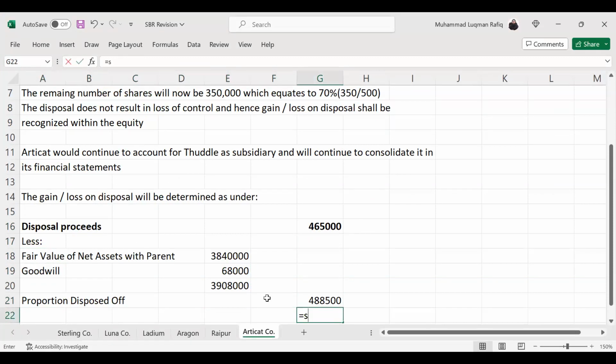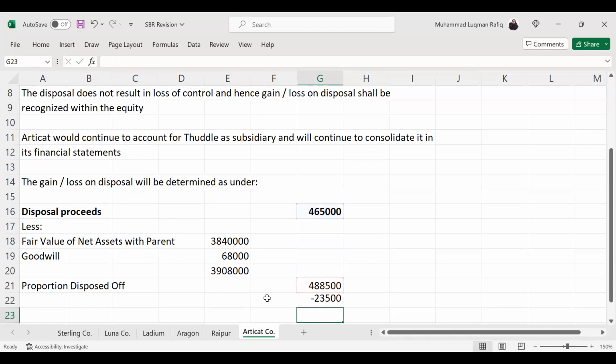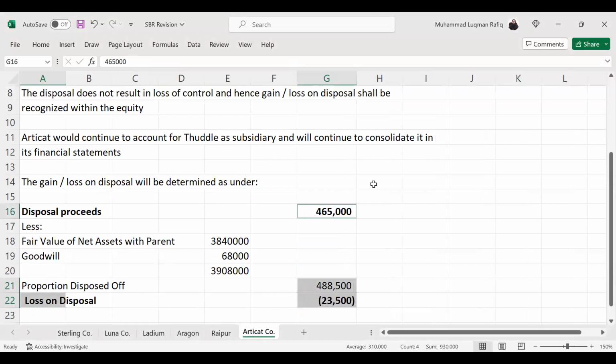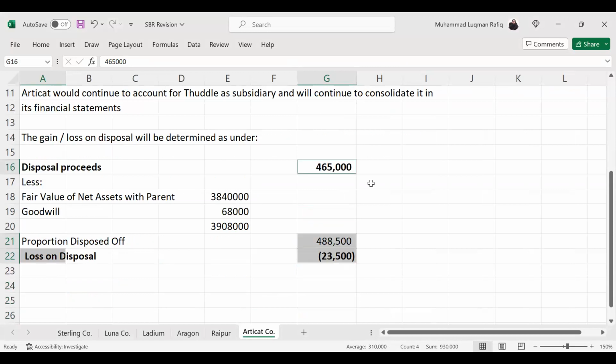So hence, this is going to be this minus this. So this is going to be the loss on disposal.